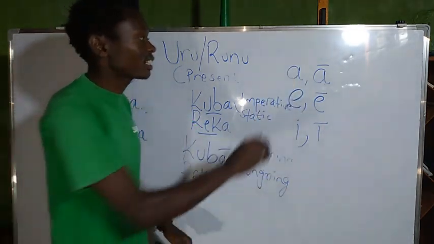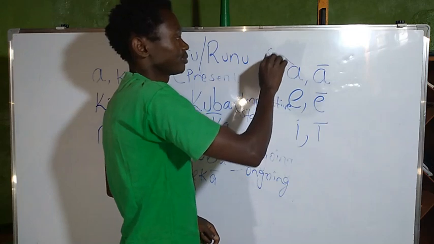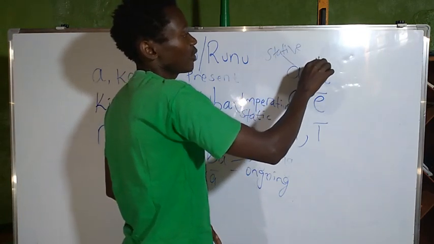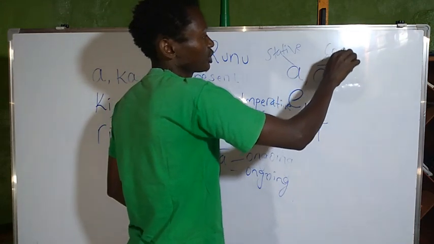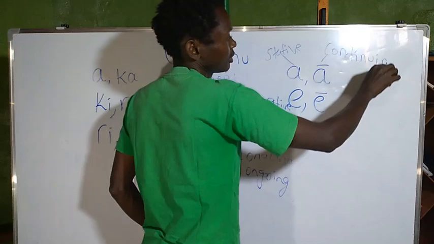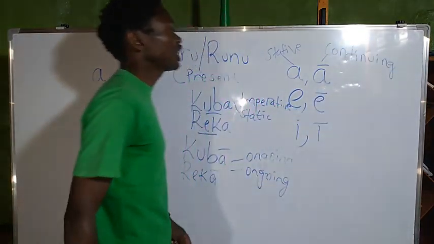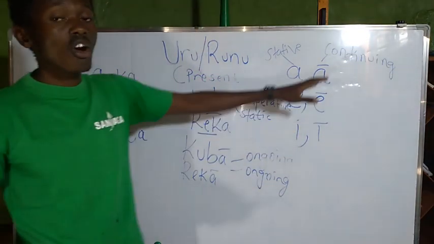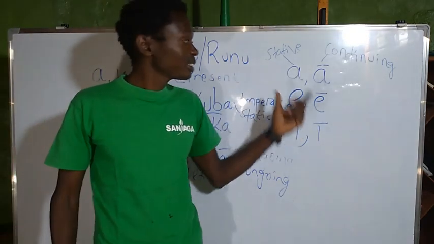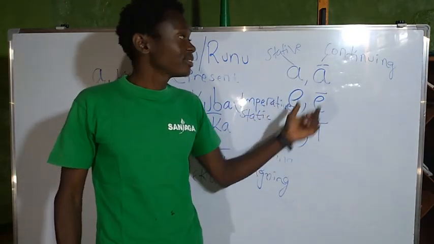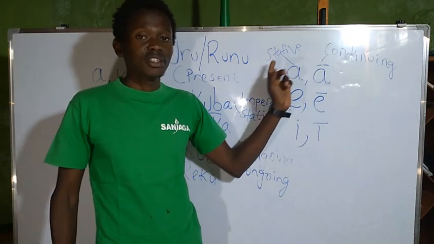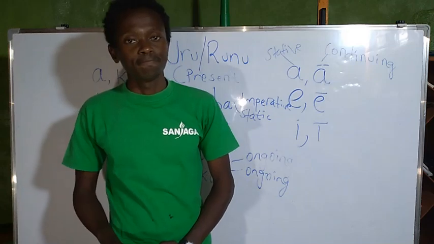One is static, the other one is continuative, continuing. Ongoing. So if a verb ends with an R, an A, that way it's good that one notes that.